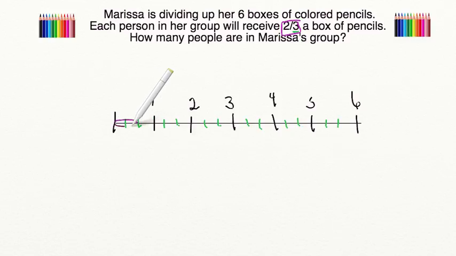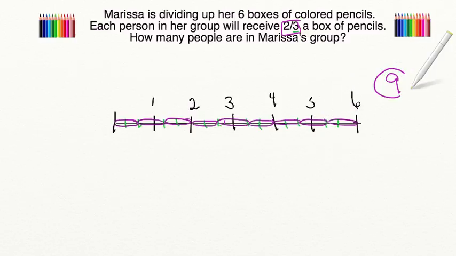So I have 2/3, 2/3, 2/3, and so on. All right, so now I have 1, 2, 3, 4, 5, 6, 7, 8, 9 whole groups.